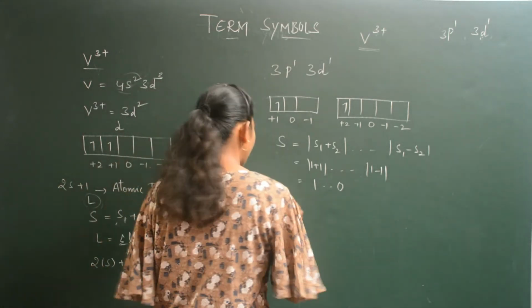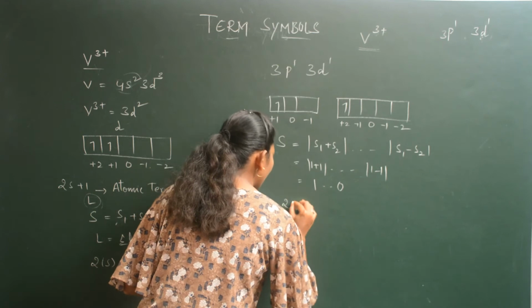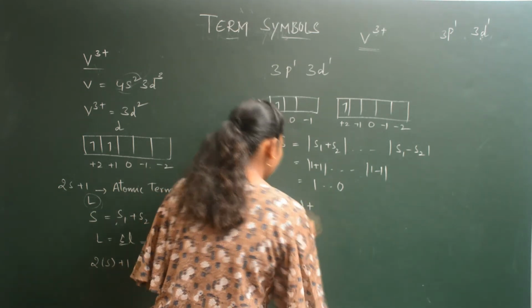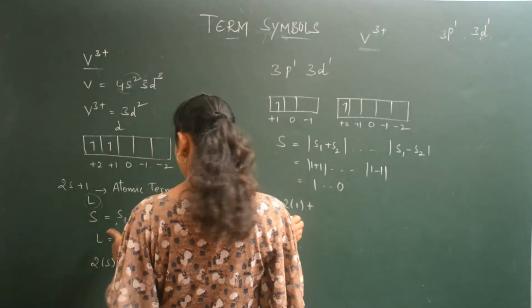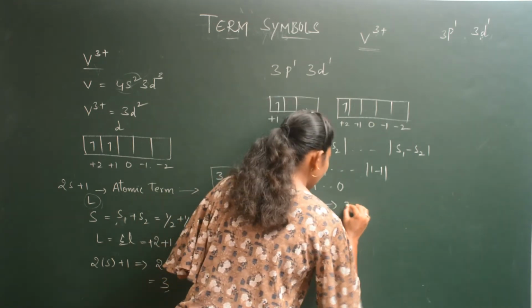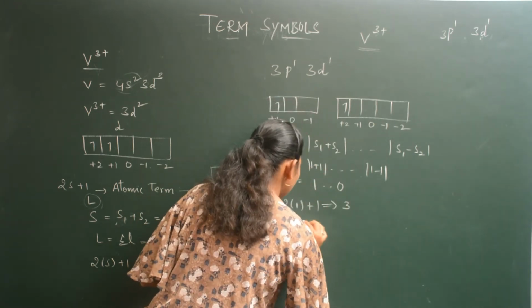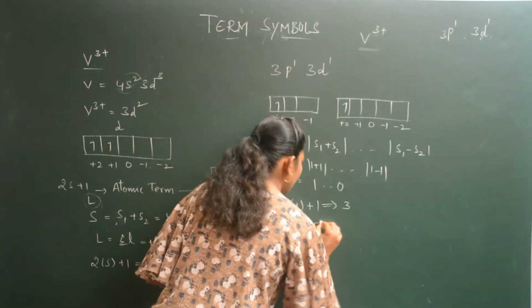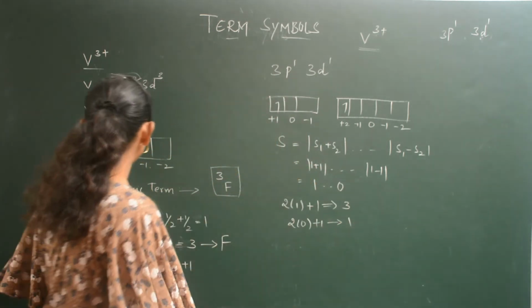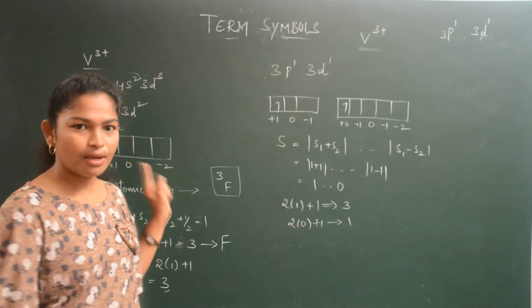Now for S is equal to 1, you get 2S plus 1 equal to 2 into 1 plus 1, so how much do you get? 3. If S is 0, 2 into 0 plus 1, you get 1. So these are the 2S plus 1 values.